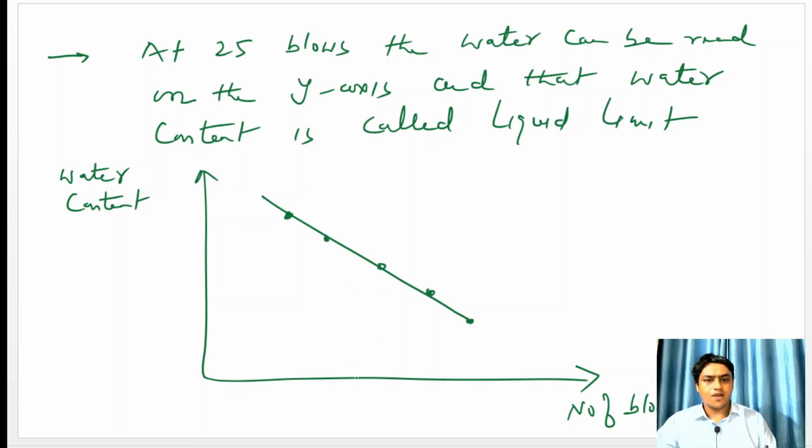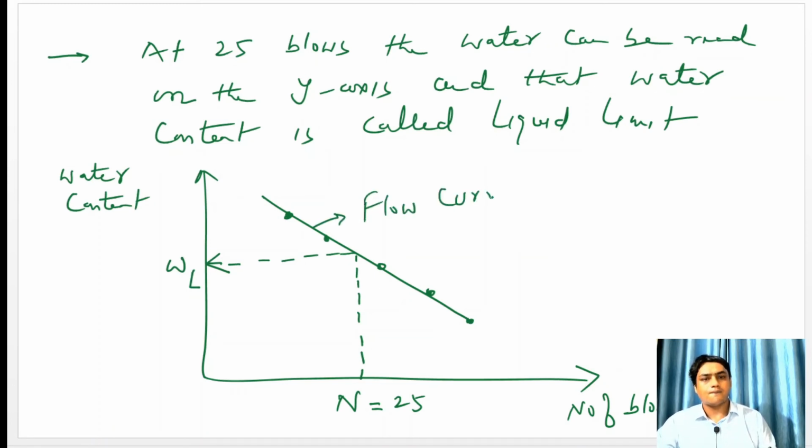So at 25 blows, let us assume n is equal to 25, read the value of liquid limit. So this curve is called flow curve, and at 25 blows, the water content is called liquid limit.